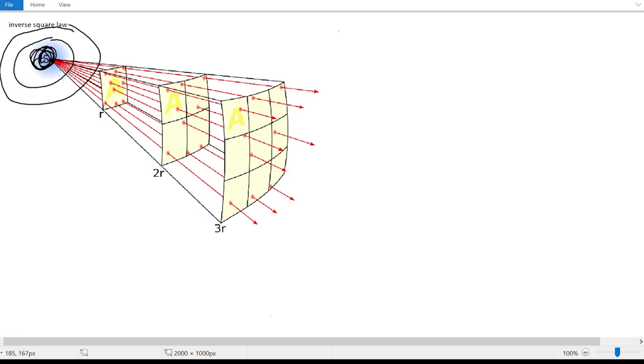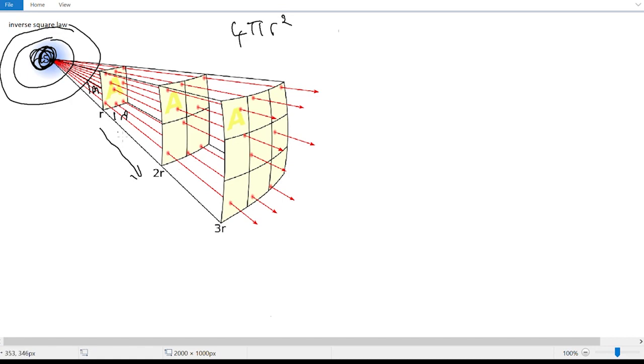So let's take a distance r, we have this 1 meter by 1 meter square here. So that is our intensity traveling through that 1 meter square. But if we were to double that distance, you can see there are now 4 squares. That's pretty obvious actually, because the surface area of a sphere is 4 pi r squared.